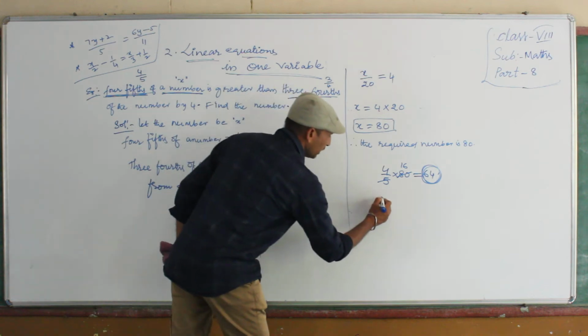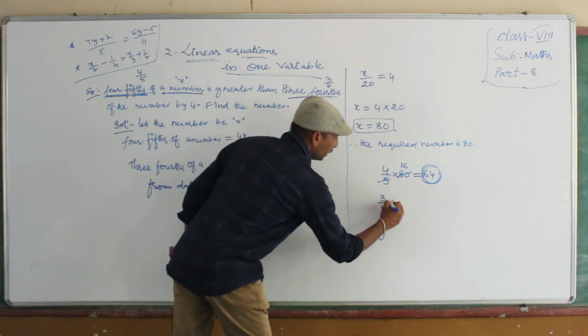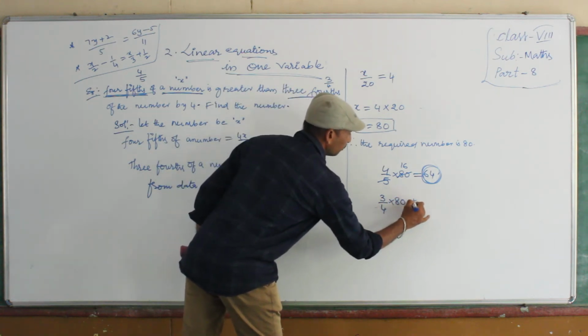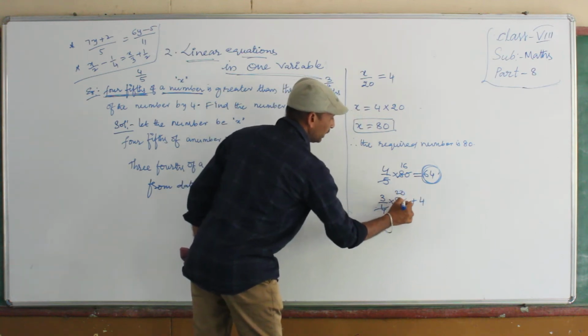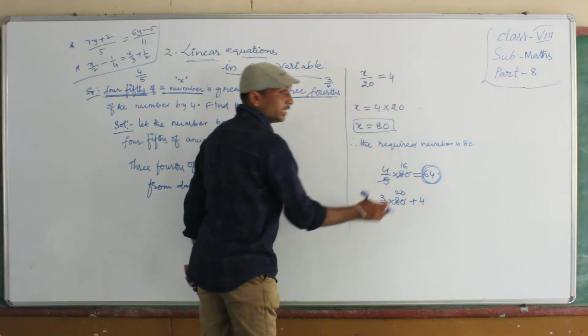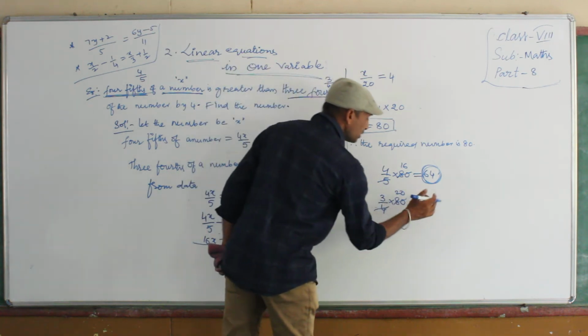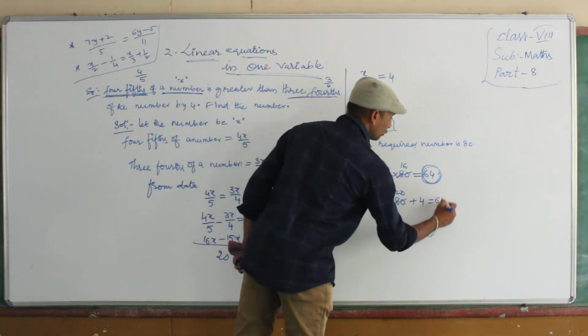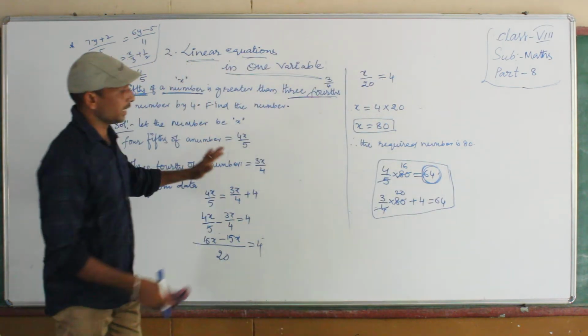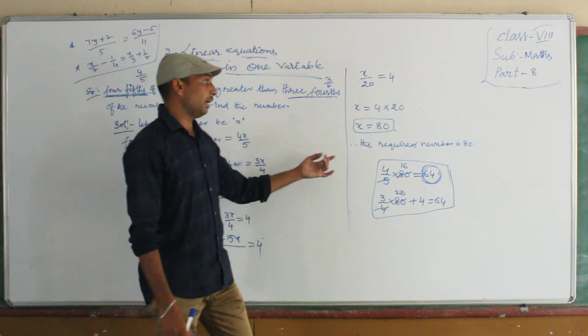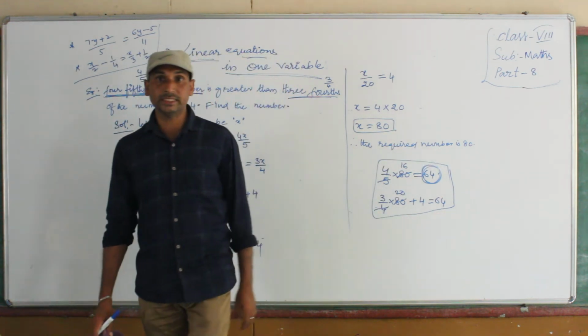See, 3/4 into 80 plus 4: 4 20s are 80, 3 20s are 60. 60 plus 4 is 64. So both conditions give the same answer. So the required number is 80.